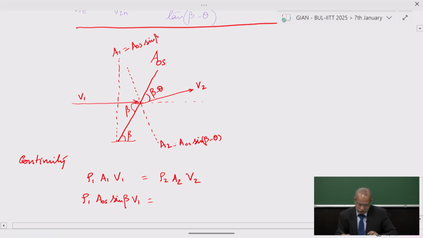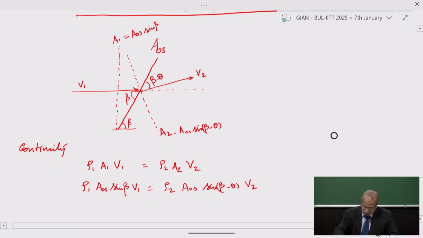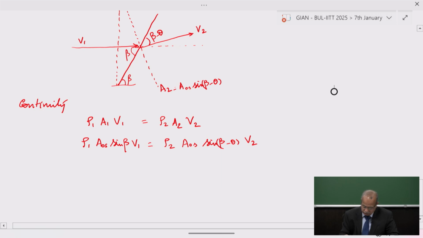Understood, all of you? So that will be rho 2 AOS sine (beta minus theta) into V2. So this is the continuity equation here.